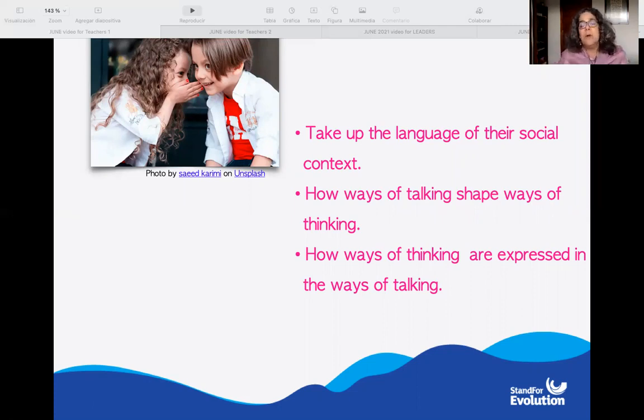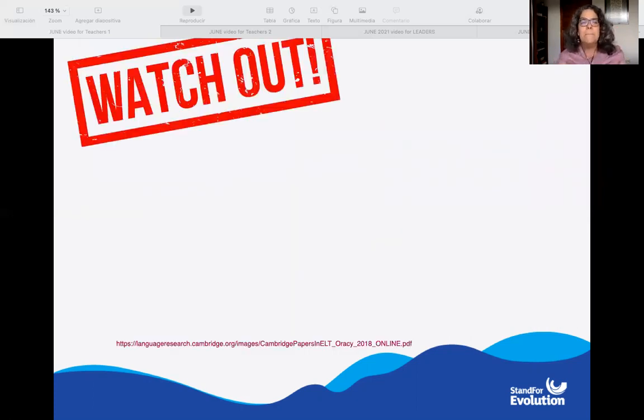We are going to be talking about how ways of talking shape ways of thinking. This is very important, and how ways of thinking shape the way we express ourselves. So language and thinking go together, remember. Now, be careful here.